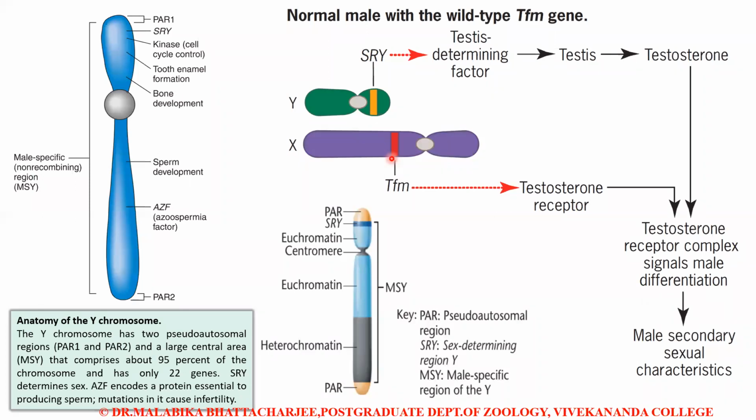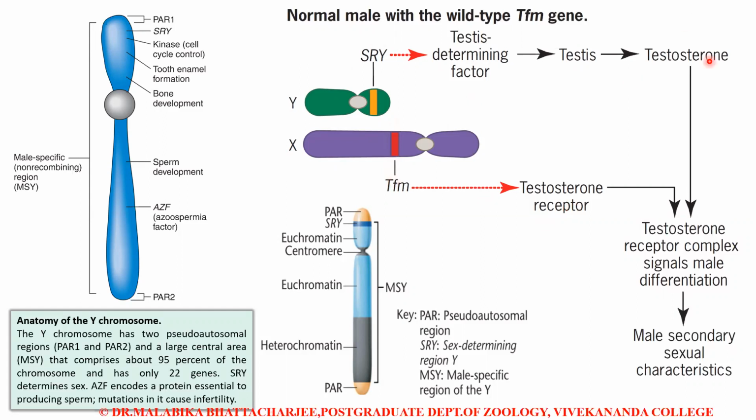Now, we have to keep this in mind that the total development of a male baby depends on more than one gene. Obviously, the cascade starts with SRY, but there are also certain autosomes involved in the process. SRY, as you can see, produces the testis determining factor, and there is a gene written here, TMF, which produces the testosterone receptor.